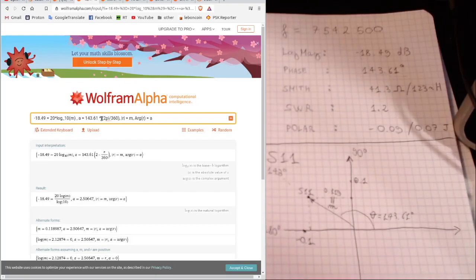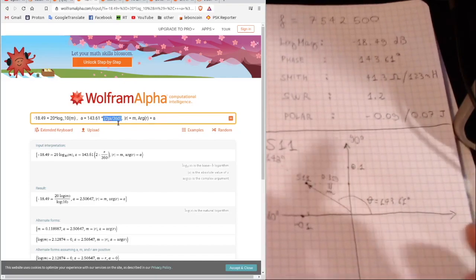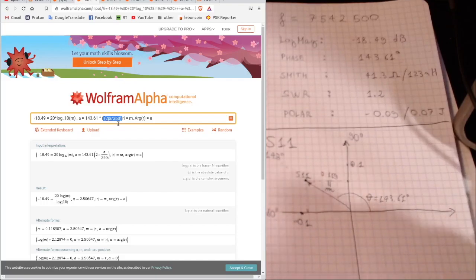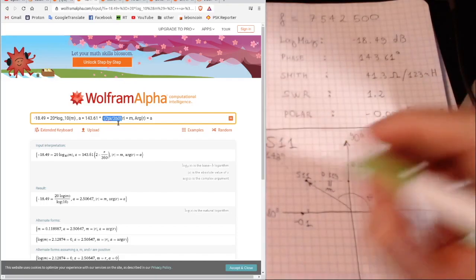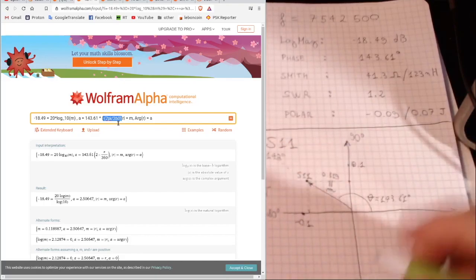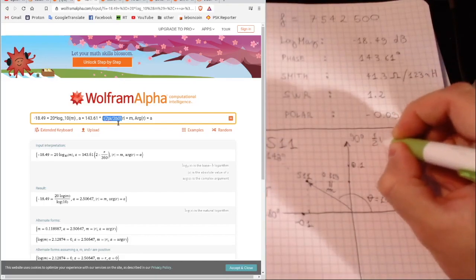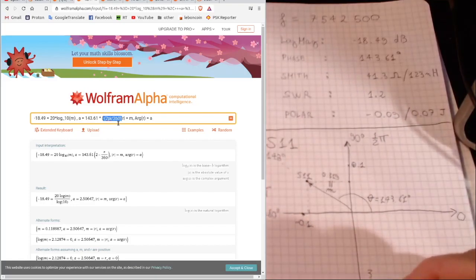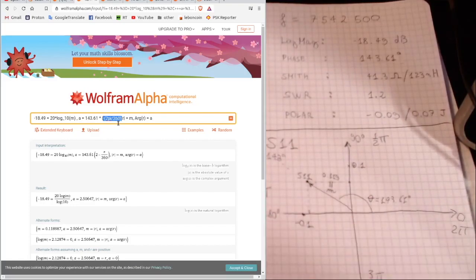And I'm converting from angle to radians, okay? This is what mathematicians use most of the time. They are not using degrees from 1 to 360. They are using radians, where here we have pi, here we have 1/2 pi, and here we have 3/2 pi, okay? So this is going to be 2 pi equals 0. So I'm converting from degrees, which are 143, to radians, and I'm calling this value A.